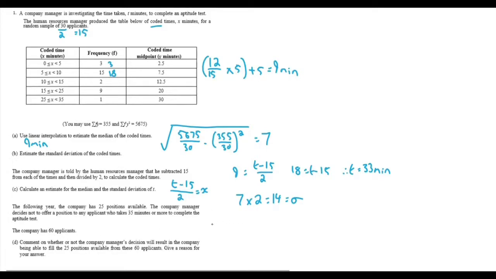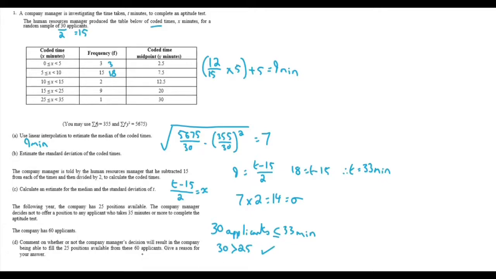So we'd say that 30 applicants are probably going to take less than or equal to 33 minutes. And because 30 is greater than the 25, the manager should indeed fill those positions.